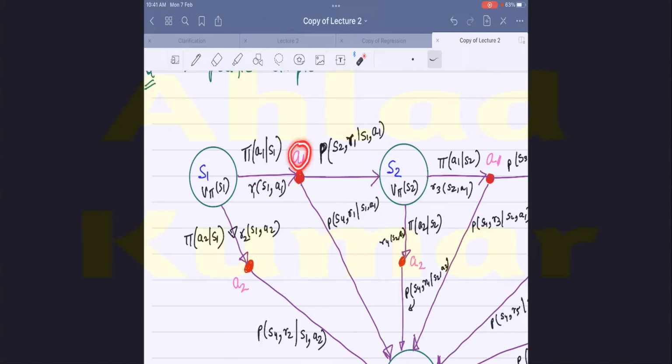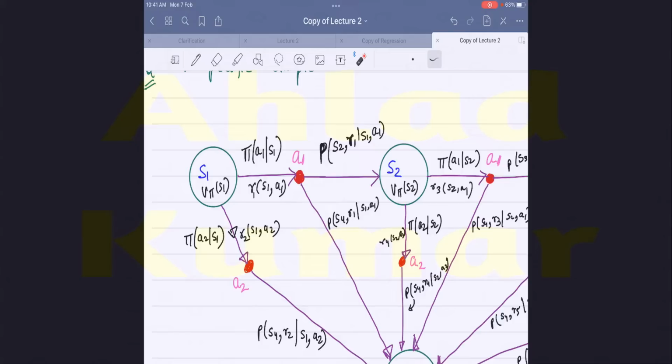This action A1 follows a specific policy defined by pi. So for this arrow, the policy pi is given by A1 given S1. That means in state S1, if you have taken A1, the probability of that is given by pi of A1 given S1, which is the policy defined.